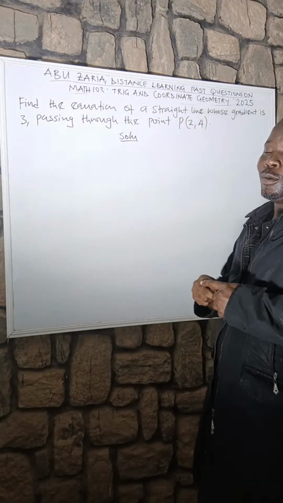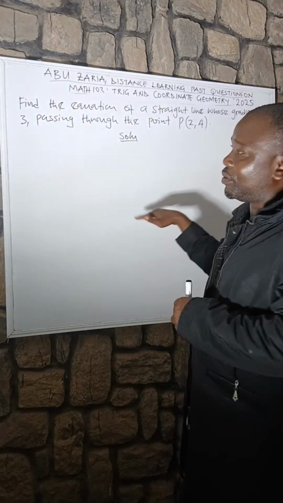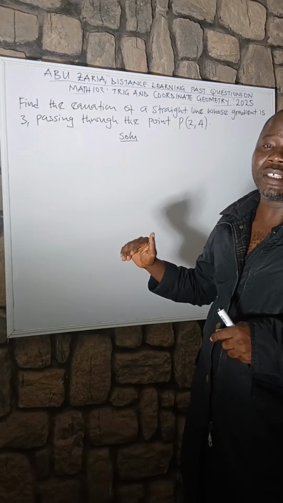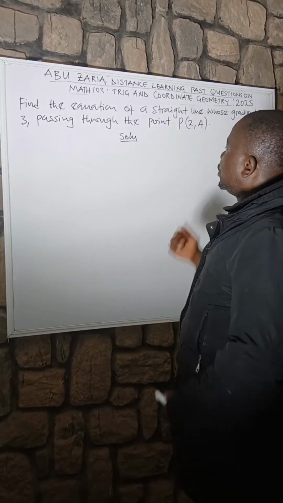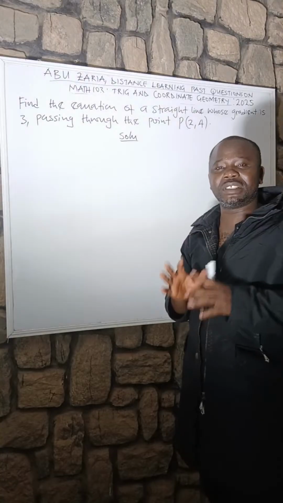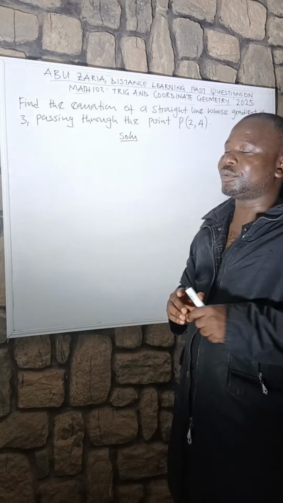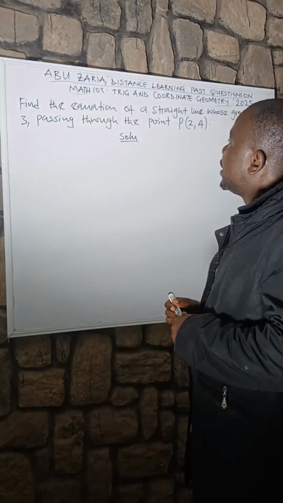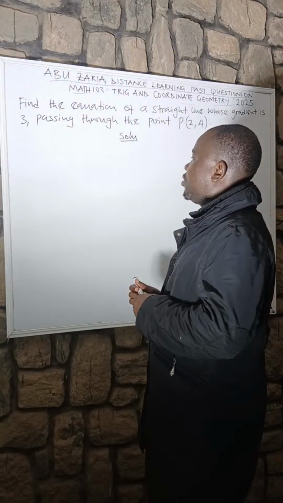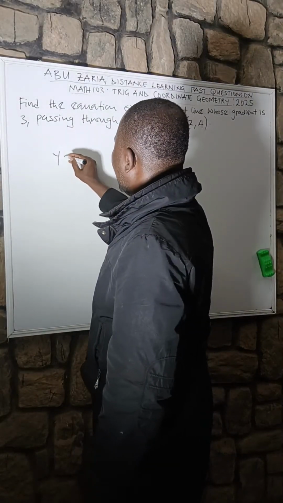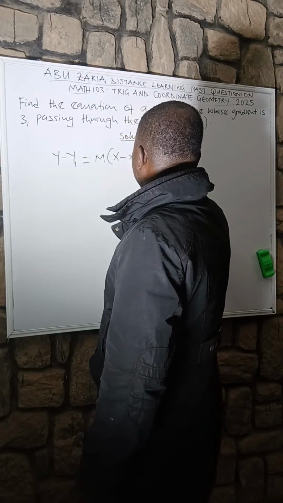So now it means we will still go back to what we have solved. Is that clear? Since it has to do with the straight line, I want to write out the 3 formulas we just used. Now, which one can we use for this particular question? One of the formulas is y minus y1 is equals to m open bracket x minus x1.